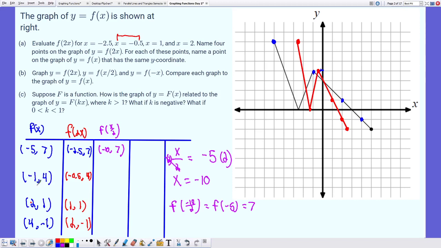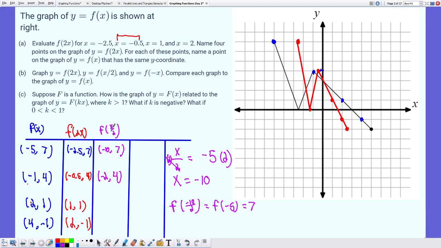Well, now I want an x value that when plugged into f of x over 2 is going to give us negative 1. Well, negative 2 over 2 is negative 1, so that should be my x value, and it will correspond to the y value of 4. And again, you can plug these back into the function to double check.